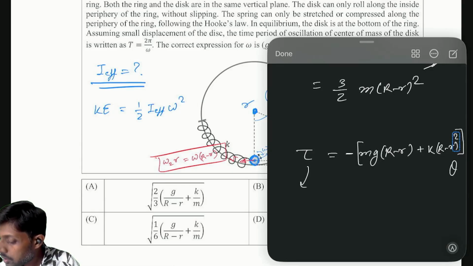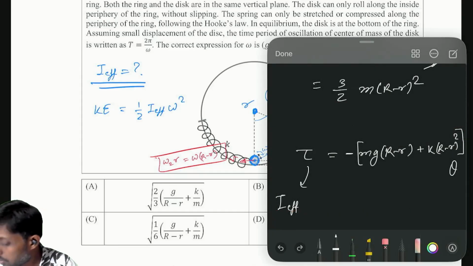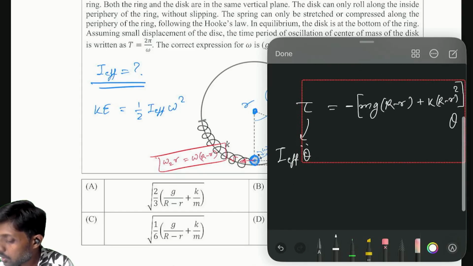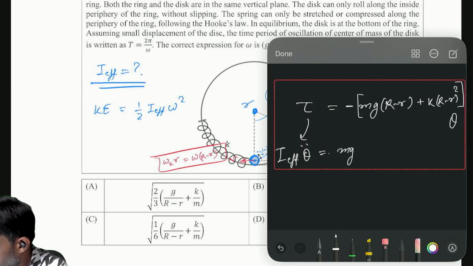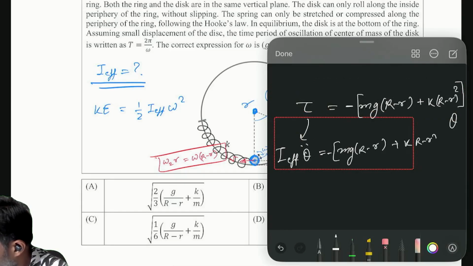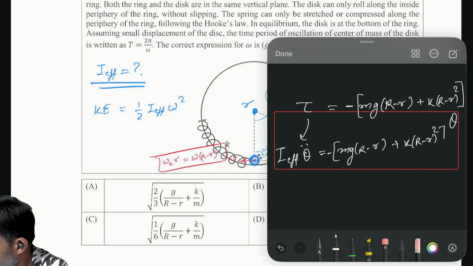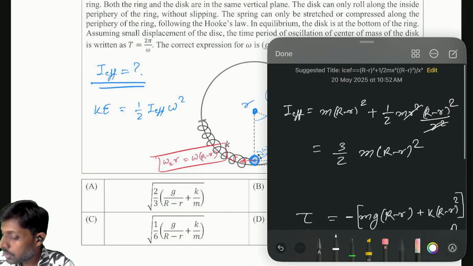And this we wrote as I effective into alpha, I effective theta double dot, equal to mg (R minus r) plus k (R minus r) whole square theta. And the I effective value you can substitute here.